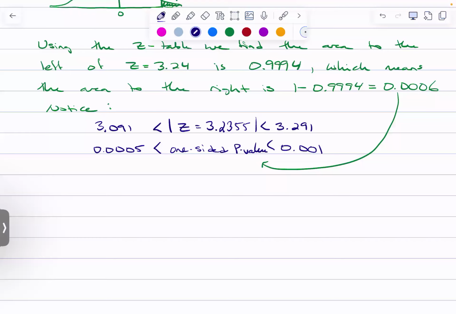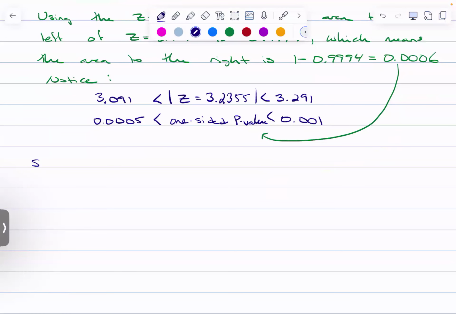So our conclusion: it doesn't matter how you got your p-value, whether it was software or the Z table or the T table, the conclusion stays the same. We have a really small p-value. And so step 4, our conclusion has 3 parts. First, and I'm going to stick with this version of the p-value, because that's the one that I'm going to be working with, since we need to compare that to our alpha level.